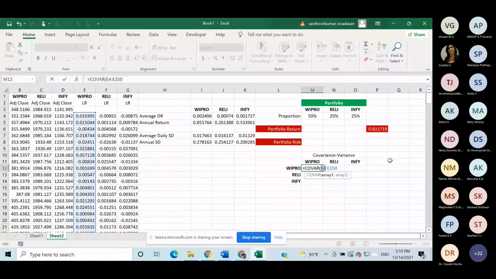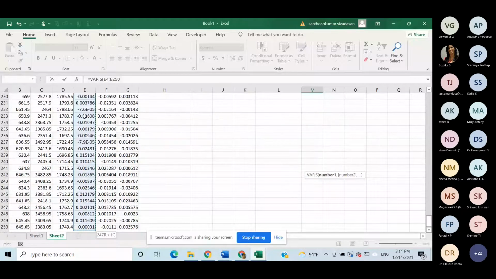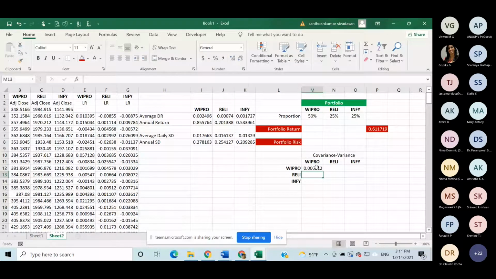Maybe there you give variance. Maybe variance, that may be the variance sample. Okay, then you choose the data, Control Shift down. Yes. Okay. Variance. That is because this Wipro and Wipro, both the data are same. It is variance. That is why I have written covariance variance matrix. Hope.